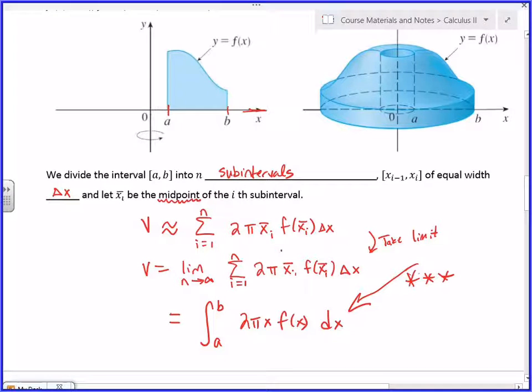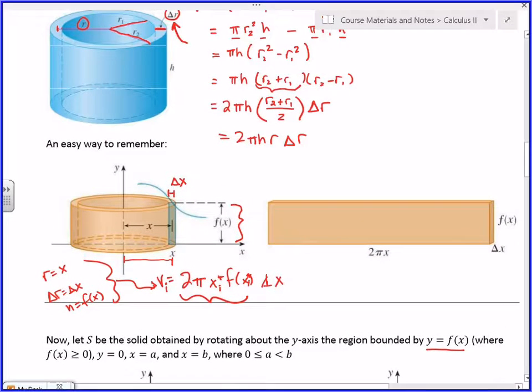I do want to point out before I flip to the next page, to me, one easy way to see why that formula makes sense, the 2 pi x f of x as a volume for a cylindrical shell, comes from this picture. If you slice this shell and unroll it, it's very similar, especially for small delta x, to this rectangular box, right?